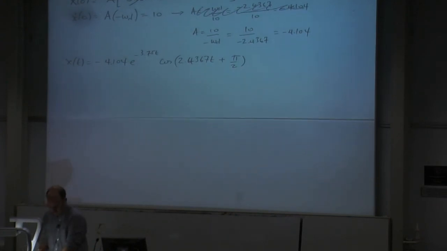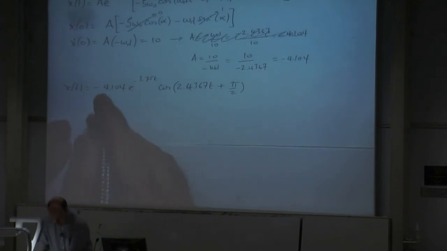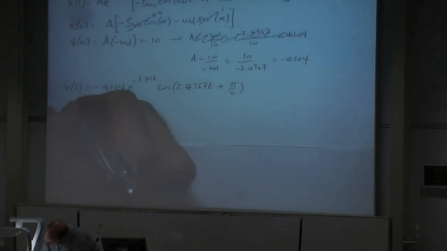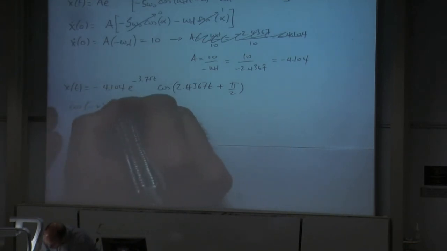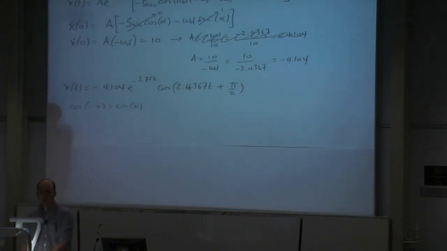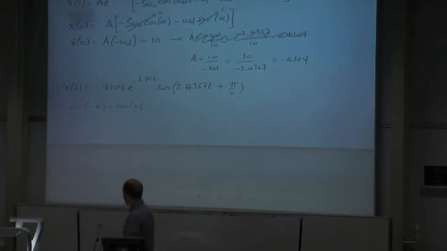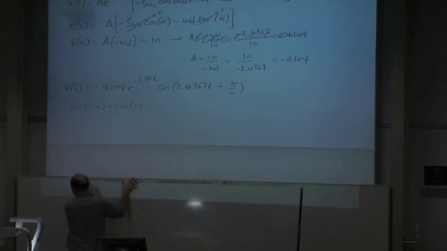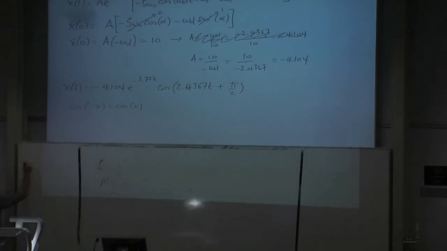Now we know from trigonometry that cosine of minus x equals cosine of x, and that's because cosine is what's known as an even function. If you think about the cosine curve, here's cosine, that's 0, here is x.